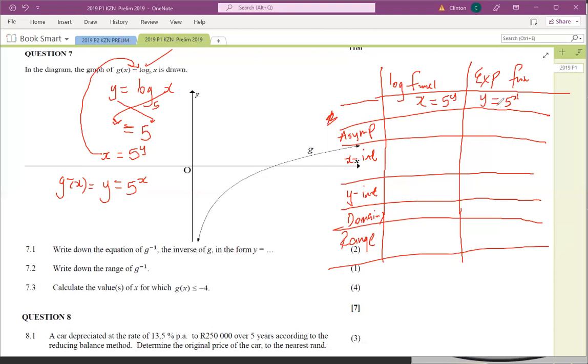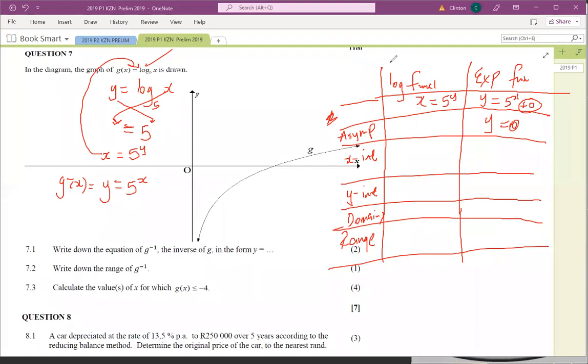Remember, it's always easier to work from the exponential side. The exponential function's asymptote is y equals 0, because the asymptote is q. If there's nothing here, it means we're just adding a 0. So this will be our asymptote for this part.